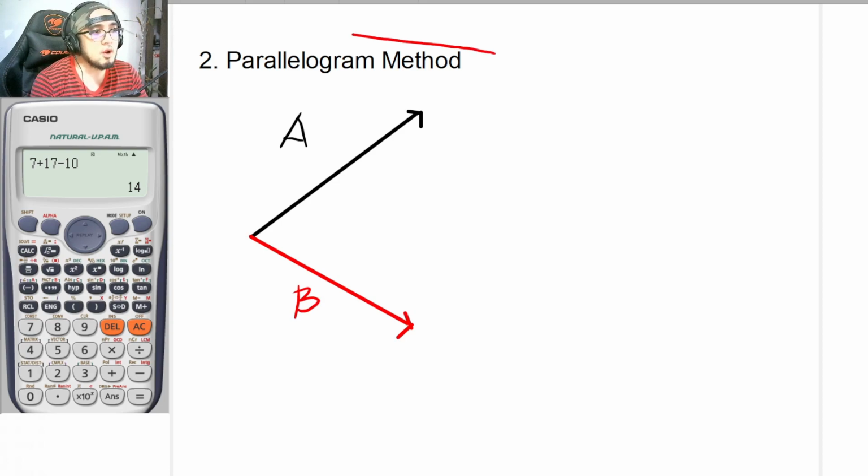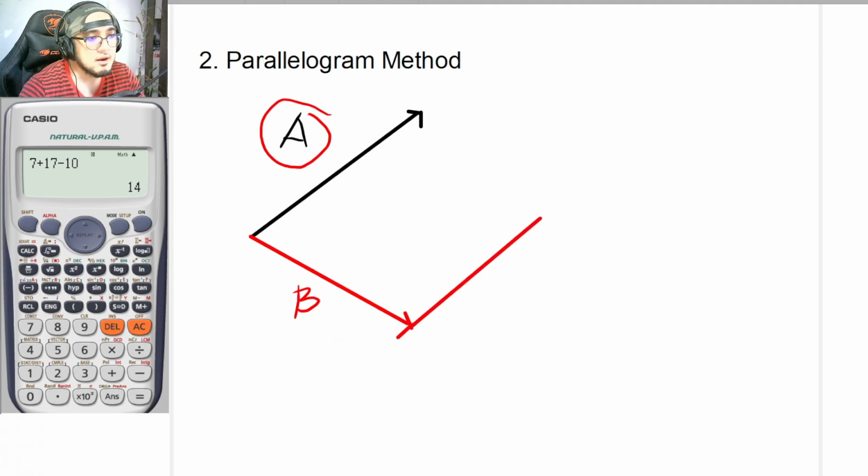For the parallelogram method, making use of these two vectors, you will make an imaginary parallelogram. What I mean is that I will draw a line here that is parallel to this vector here, and I will also draw a line here that is parallel to this particular vector here.